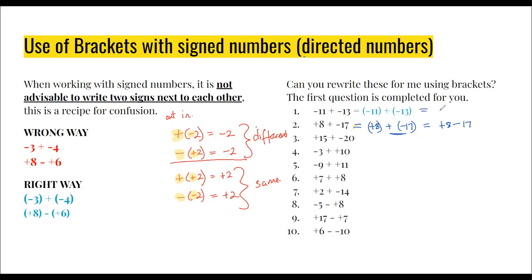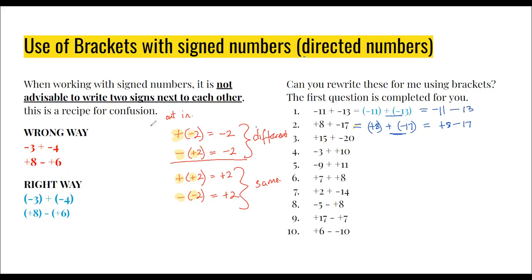Let's just finish this one. So for this one, I'll put what? -11. And what will I put here? We have a positive and a negative. +13 or -13? Minus, right?